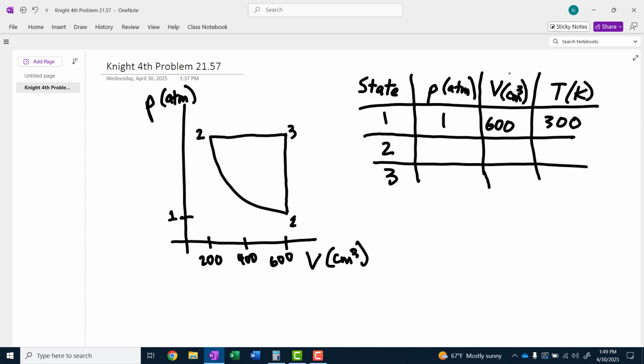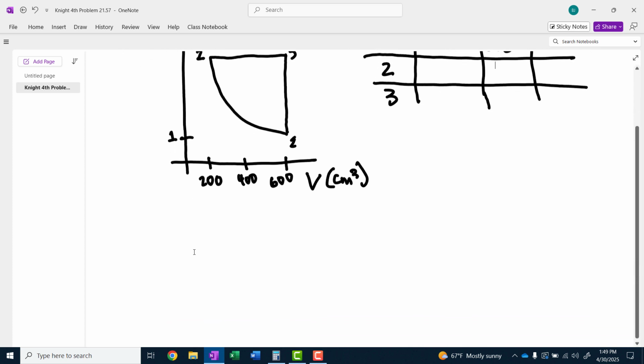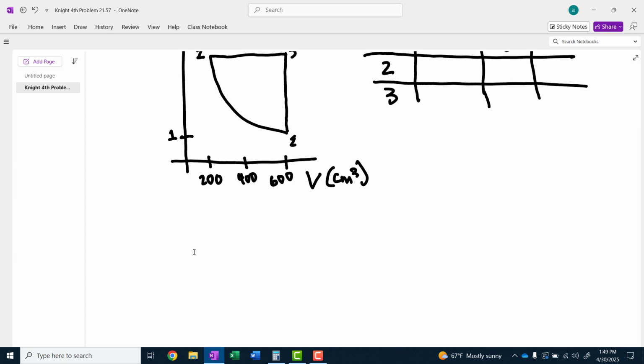They're also telling us, I'll write this down here, that the ratio of the molar heat capacities, which we call gamma, that's Cp over Cv by definition, they tell us that that number is 1.25. Now, I'm going to quickly quote the rule for monatomic gases.